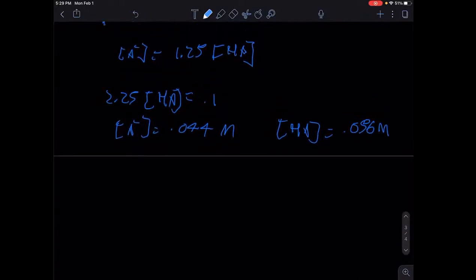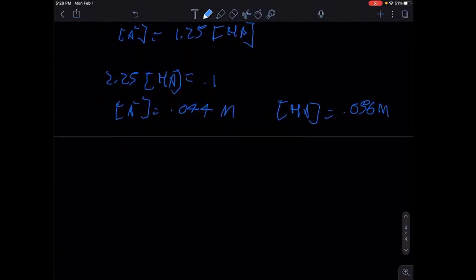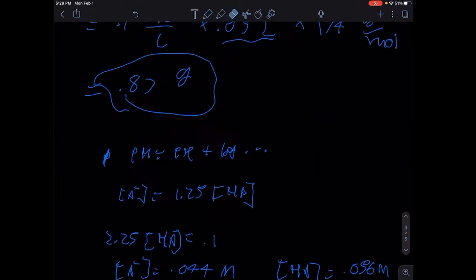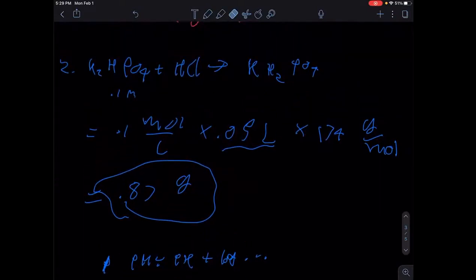So that's that. And I guess we have the same HCl concentration. I should use C instead of N. It should be 0.056. No, this time it will be 0.044 if you look at the equation, right? Because we're using up the base this time instead of the acid.